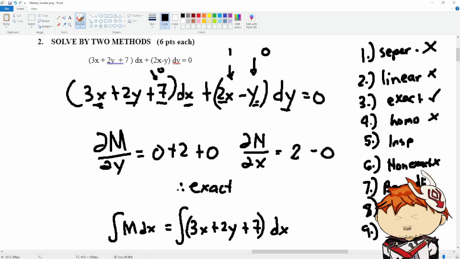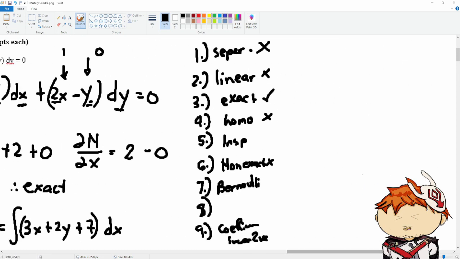And basically 9 is coefficient linear in 2 variables. I'm going to write this down legibly so you guys could see.